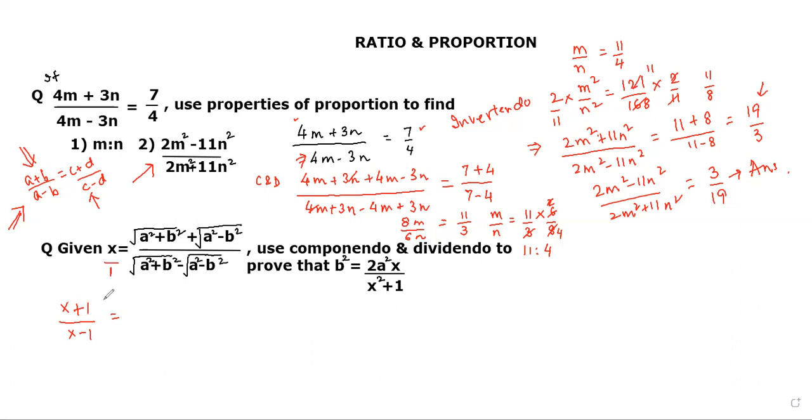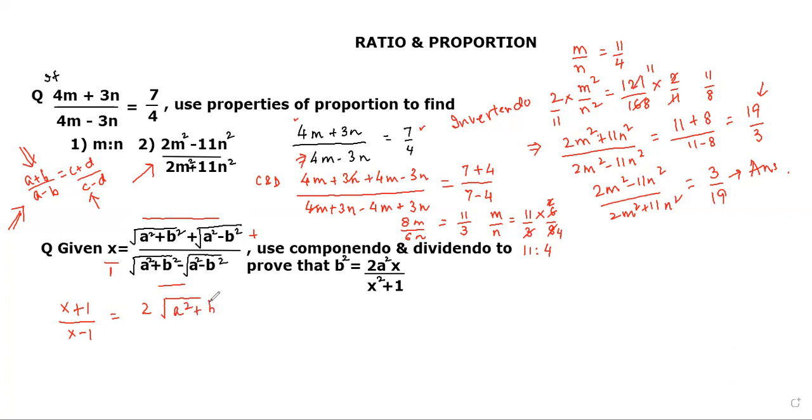So x plus 1 upon x minus 1 is equal to, now if I do a plus b here, so entire this thing plus the entire this thing goes up. So what will happen is I will get 2 times of square root of a square plus b square.